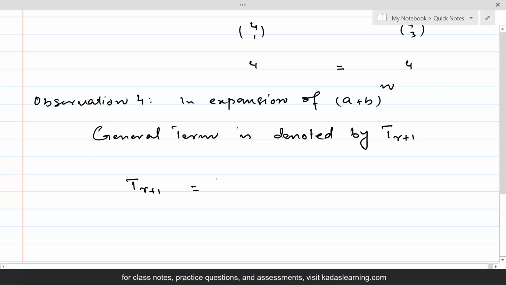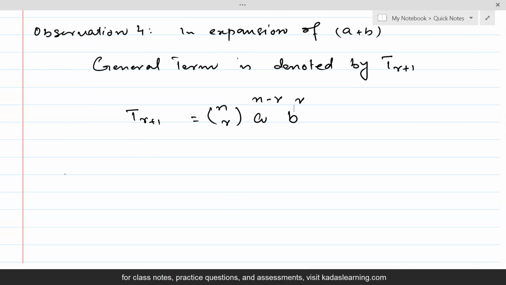This would be equal to nCr a power n minus r b power r. This is called the general term because if we substitute the values of r as 0, 1, 2, 3 up to n, we can find any term.